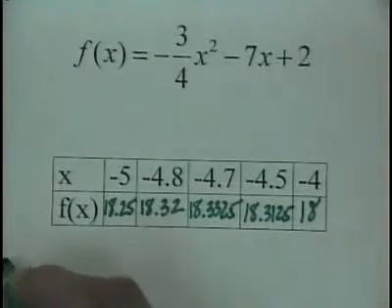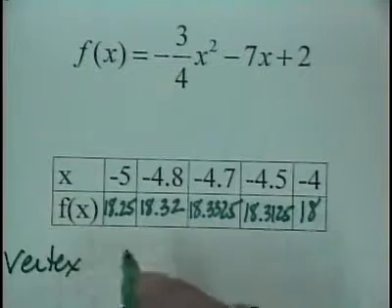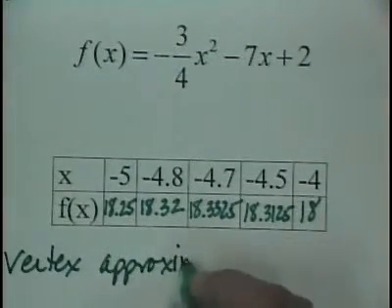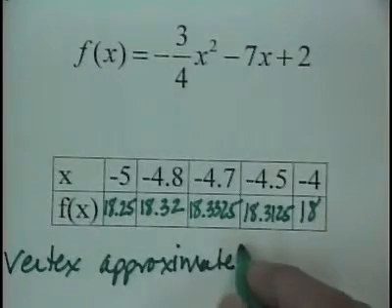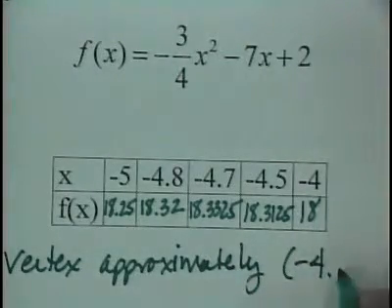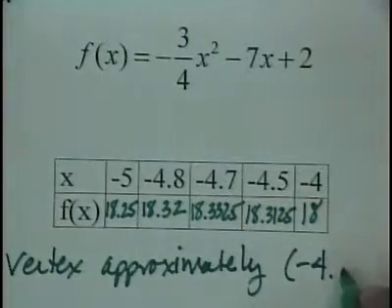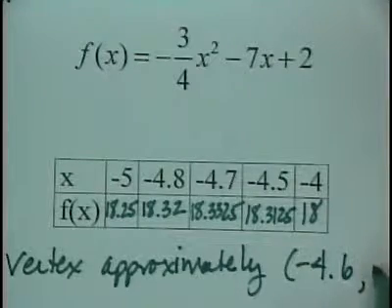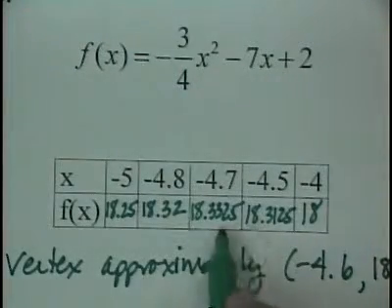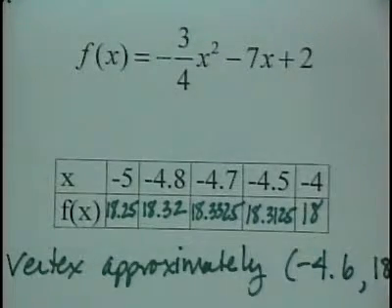So let's put the vertex at approximately negative 4.6 and 18.34, maybe slightly bigger than 18.33.